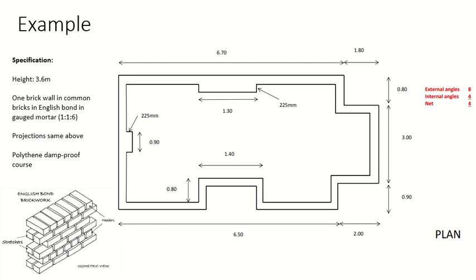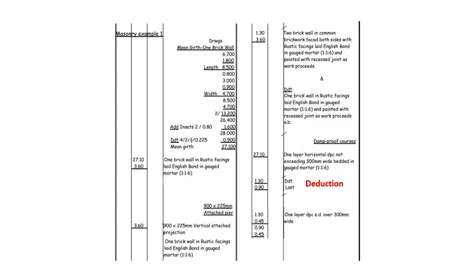Okay, then the first one from the top is the length, the second one from the side is the width. You add them together, you will get two sides, and you multiply by 2 to make the whole plot. So this multiplied by 2 is the total.